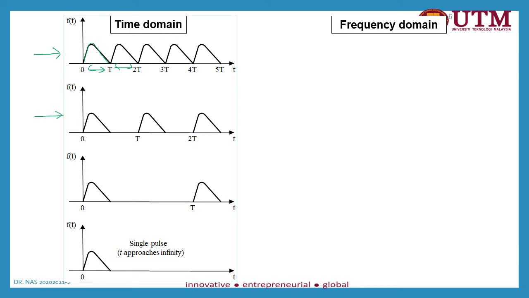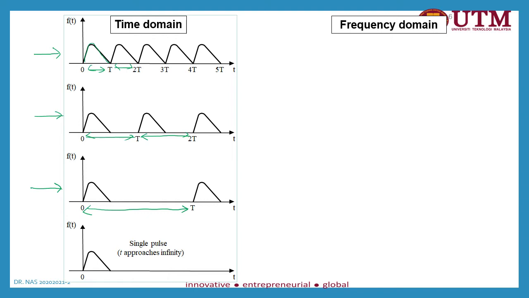You can still see that this is the T and the same T is repeated in the next harmonic. Okay, same goes to this one, the third one, but you can see that the T now increases. Okay, you can't even see the next harmonics.